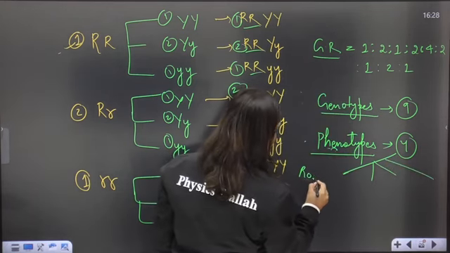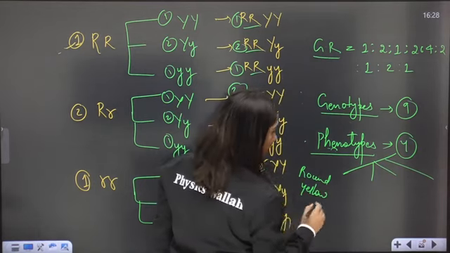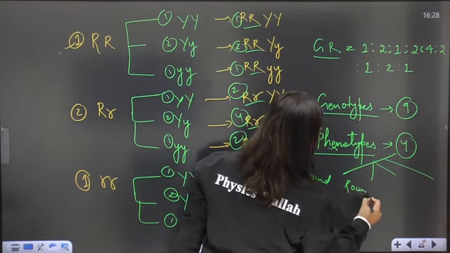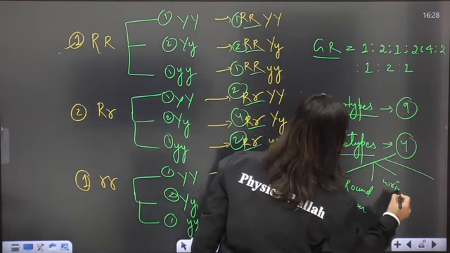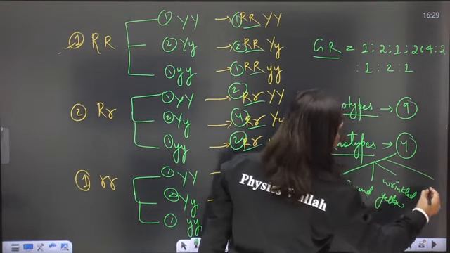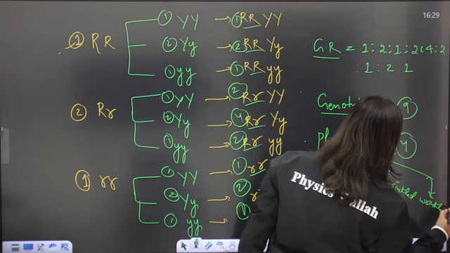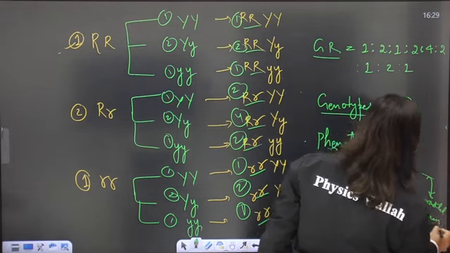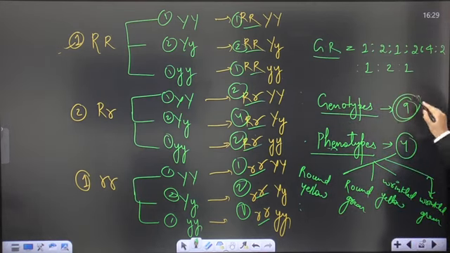Round yellow, round green, wrinkled yellow, and wrinkled green. Okay. So 9 genotypes and 4 phenotypes.